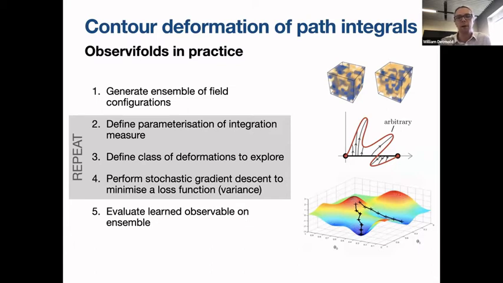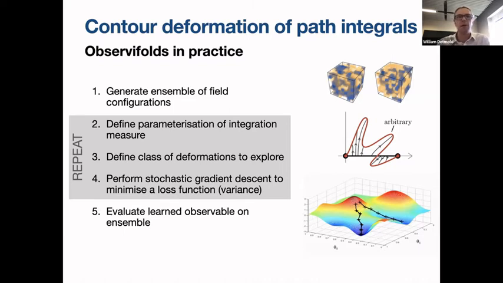Okay, and if we're happy with how that's gone, then we can evaluate our learned modified observable on the original ensemble, and we get our physics out. If we're not happy, we can repeat these 3 steps in the middle. We can think about different parameterizations of the integration measure. We can think about different deformations, and having done that, we can re-optimize.